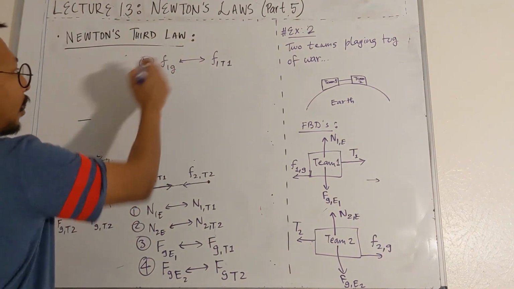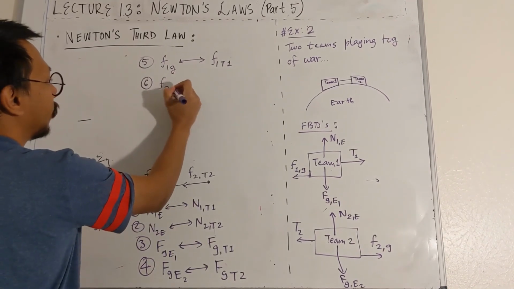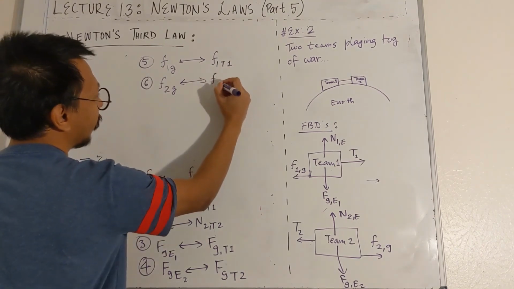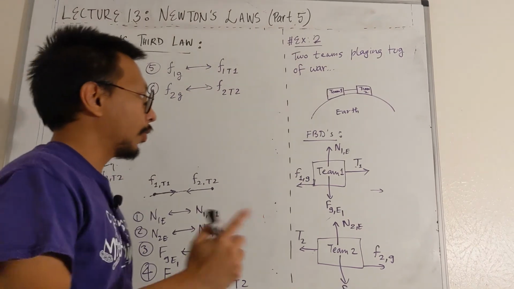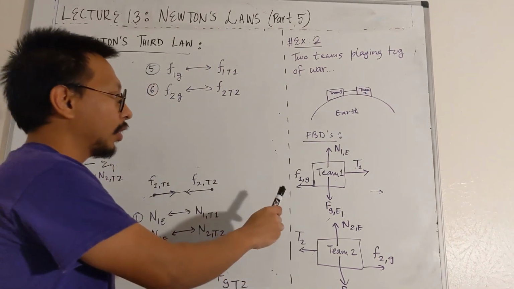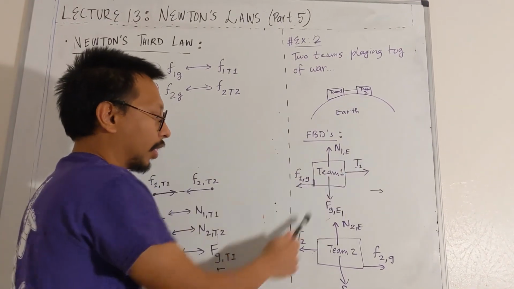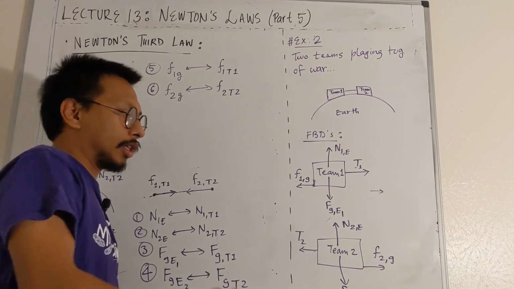And then the frictional force team 2 feels from the ground is paired with the frictional force the ground feels from T2. Now we can see that one of the pairs is left over. We haven't paired T1 with T2 or any other forces. So what can we say about these?